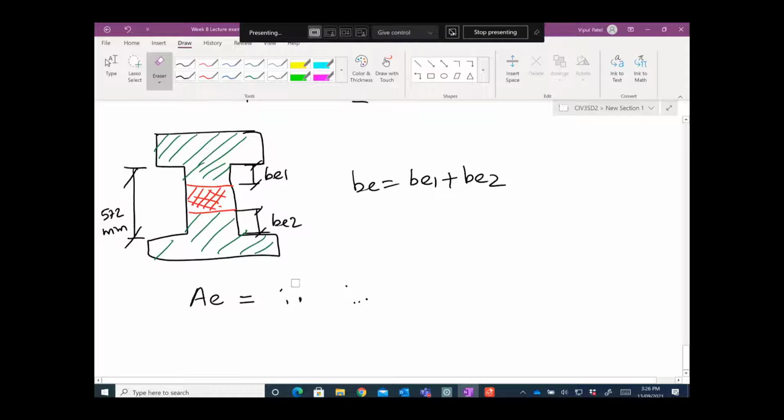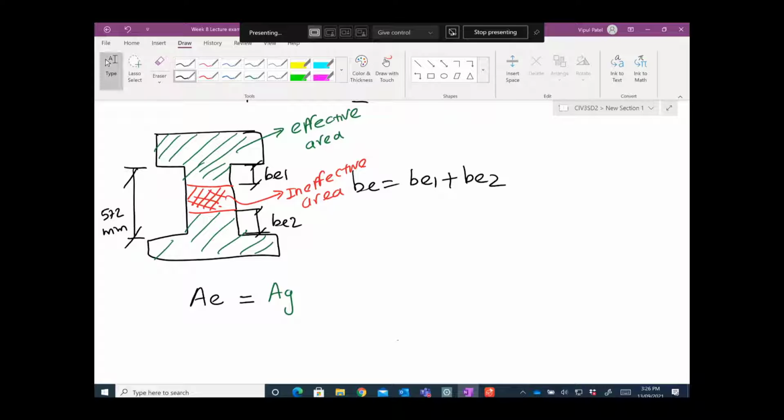So this is the effective area, and this one is the ineffective area. Basically the gross area is not the green one, but the effective area is the green one. So the effective area is the gross area take away this ineffective area.